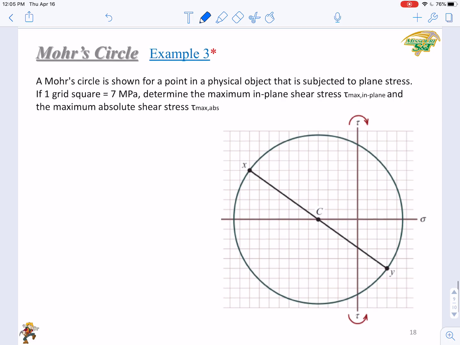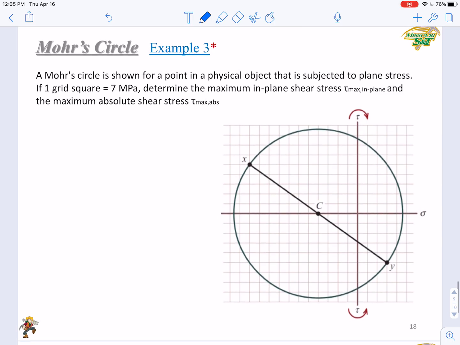And here's example 3. Example 3 is an in-class assessment. This is your in-class assessment. Just solve it and submit it to Canvas.